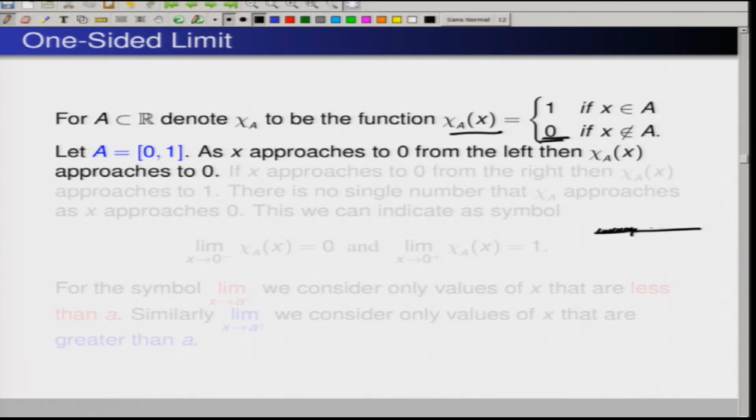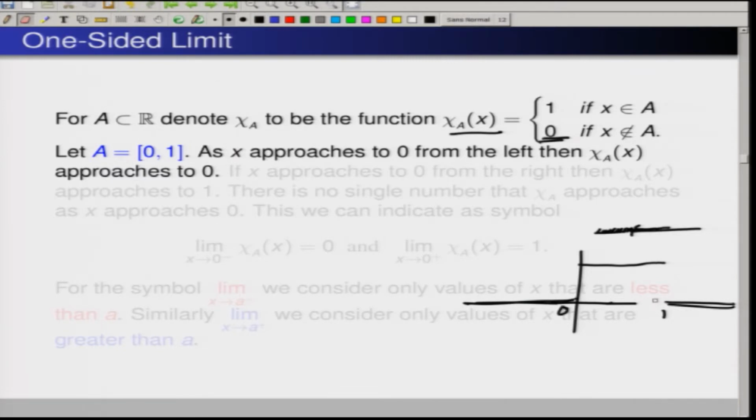Suppose the function is 1 on [0, 1] and 0 elsewhere. If you approach 0 from the left, you get the limit to be 0.